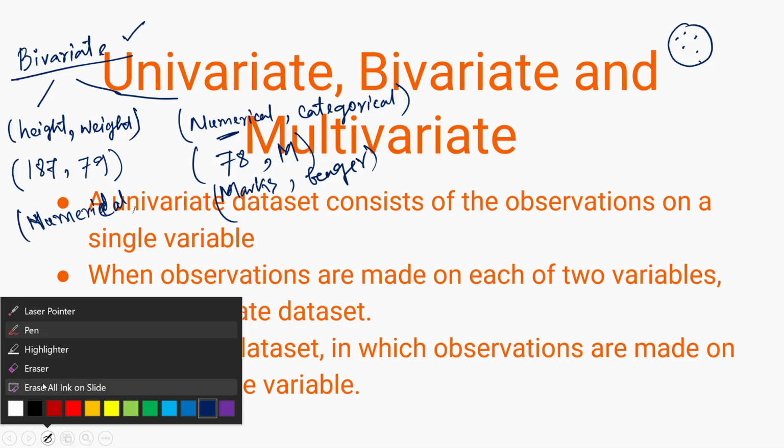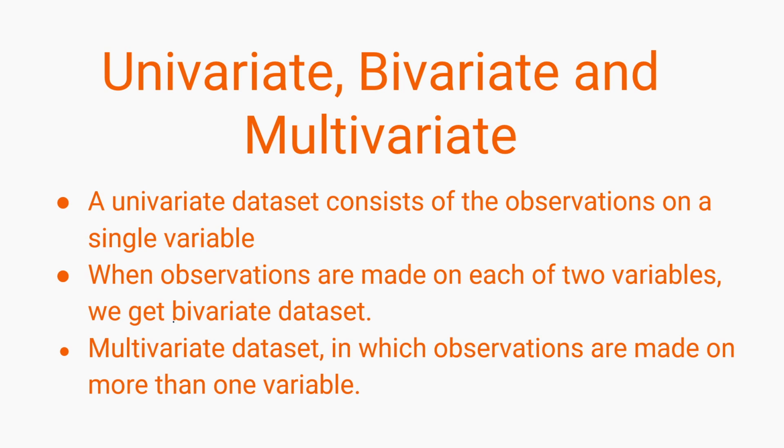Now let's take an example of a multivariate dataset. In case of a multivariate dataset, for that group of individuals or population, you want to collect information about three different variables or characteristics. So if you are interested in three or more different variables or characteristics, then that should be considered a multivariate data set.